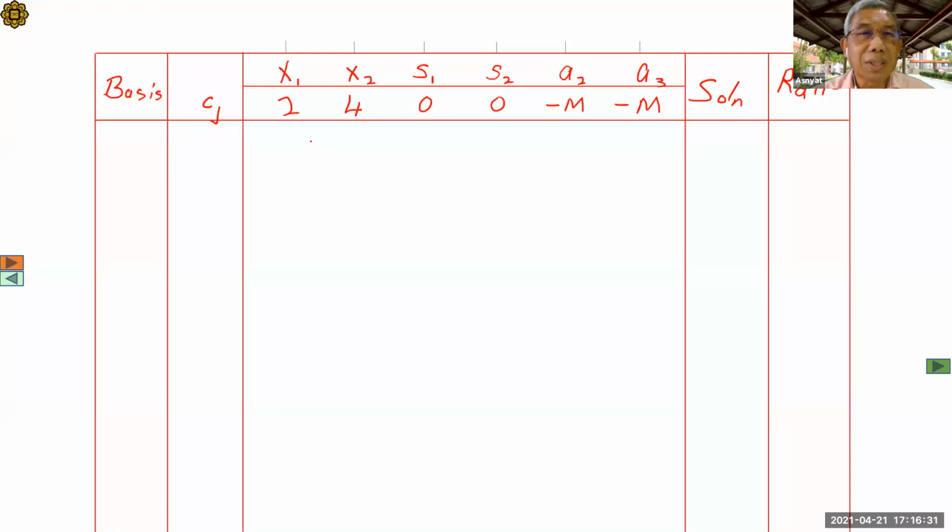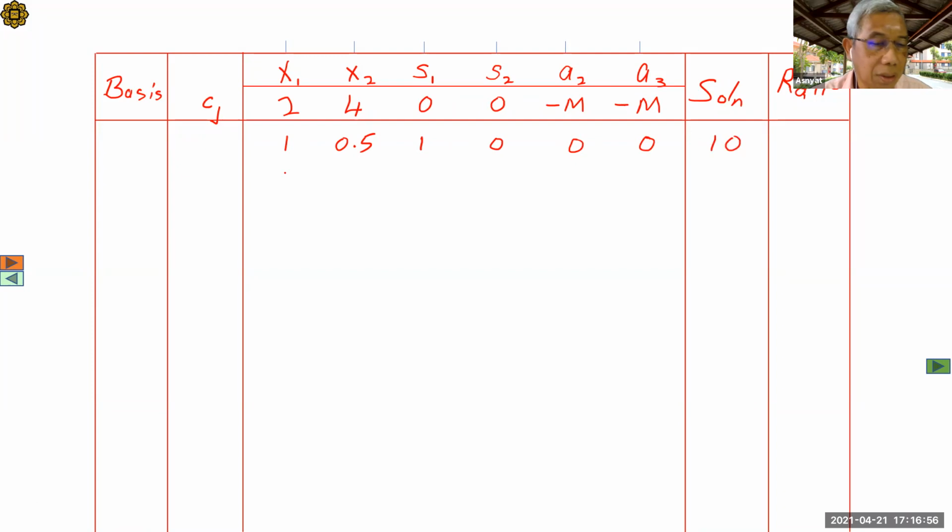Okay, let's fill the A matrix first. Here is 1. I think you can refer back to your notes. 0.5, 1, 0, 0, 0, 10.